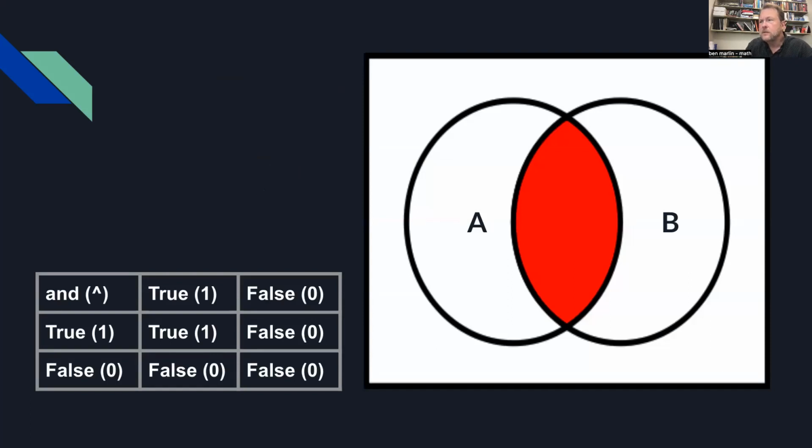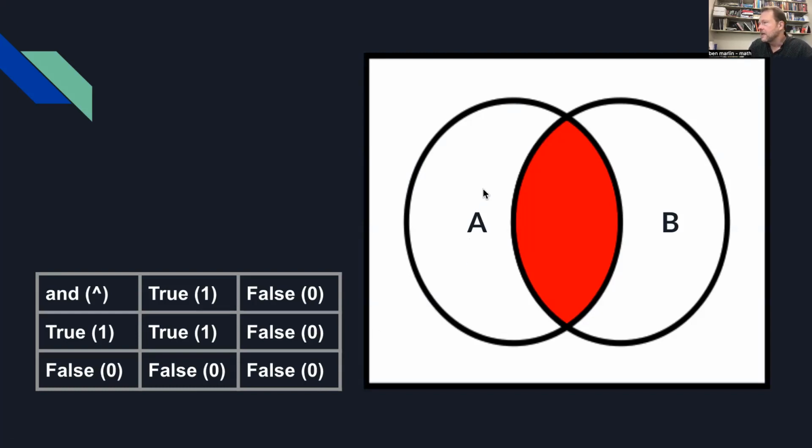So if you've got two statements of fact, maybe these statements are X is in set A, X is in set B. We often make one of these Venn diagrams to help us see what is going on.